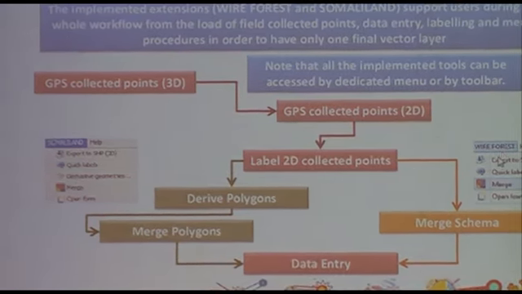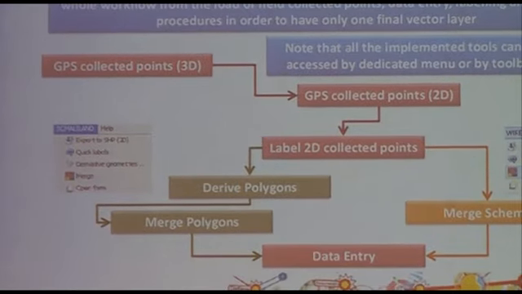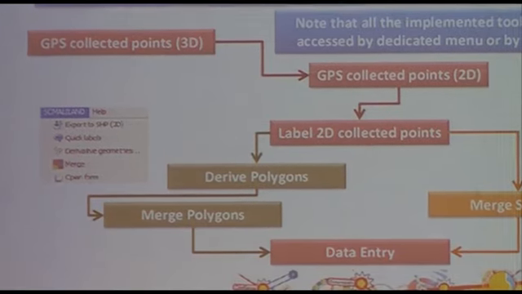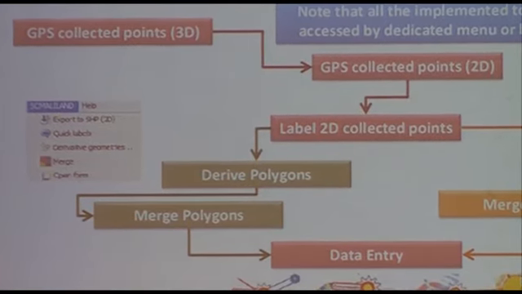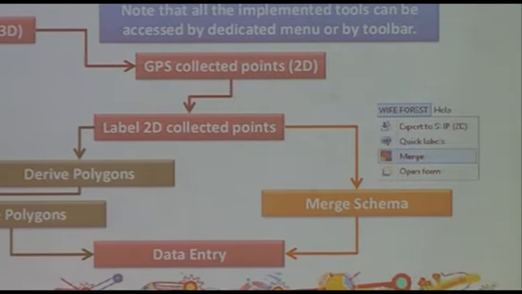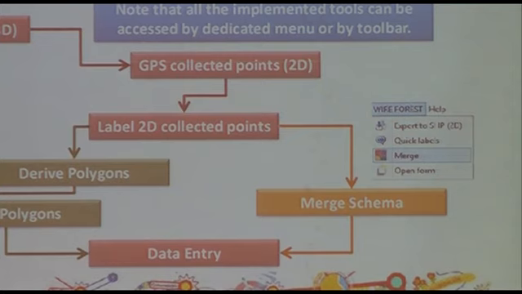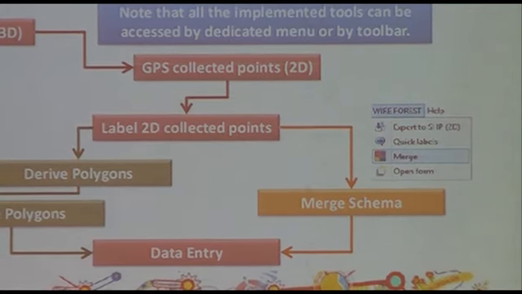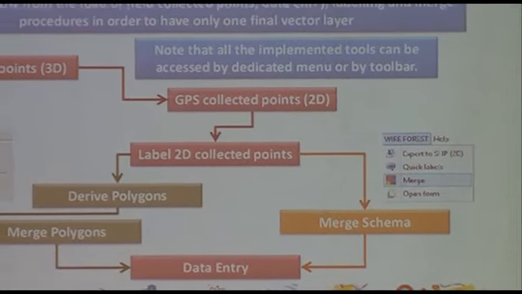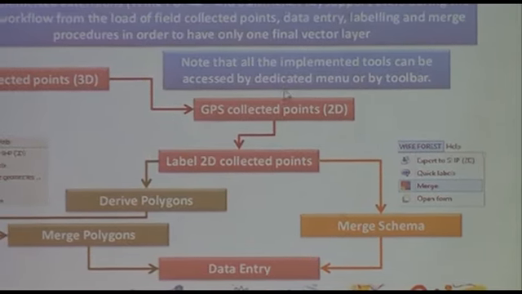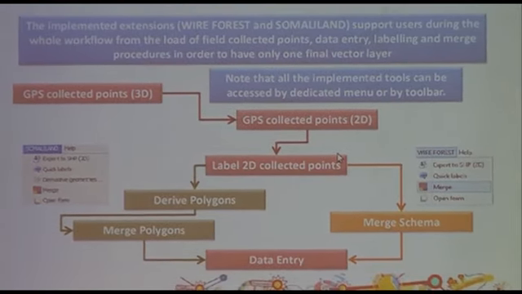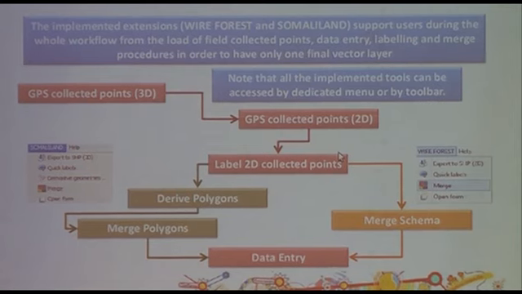They say that they are easy tools that guide the user throughout all the procedures, so they don't have to look in and out, left or right, for the dedicated command tool, but they find them all in a row by just clicking on the extension tool. So from 3D to 2D, then automatically label the 2D collected points so they can easily see the name of the point collected through the GPS.